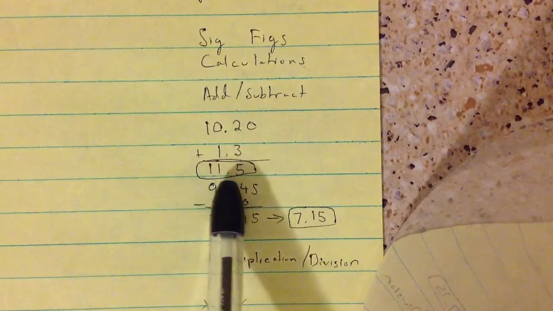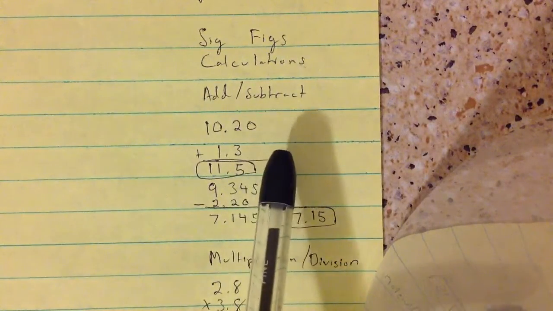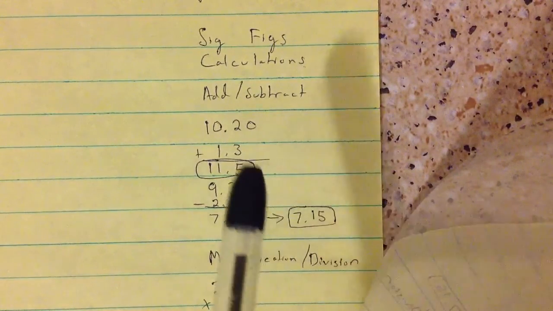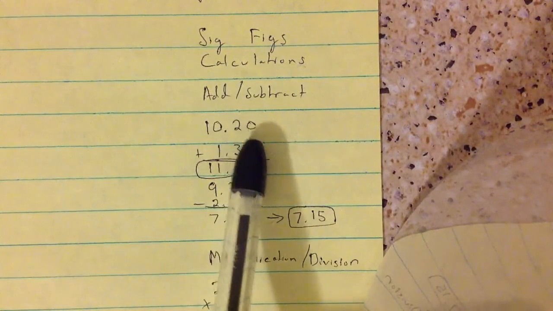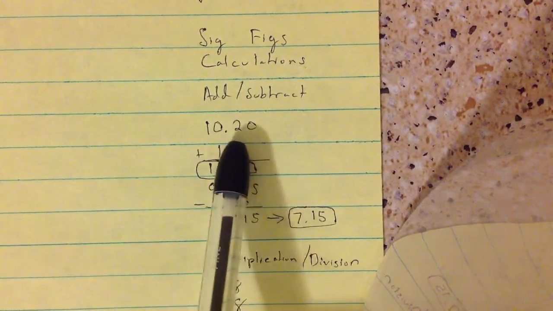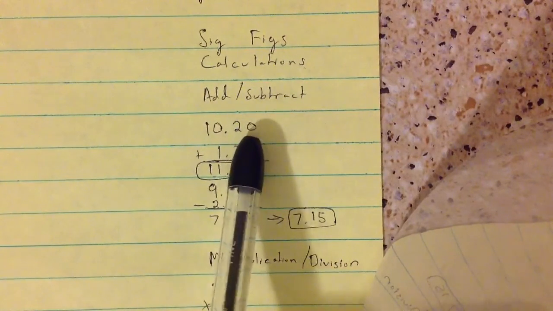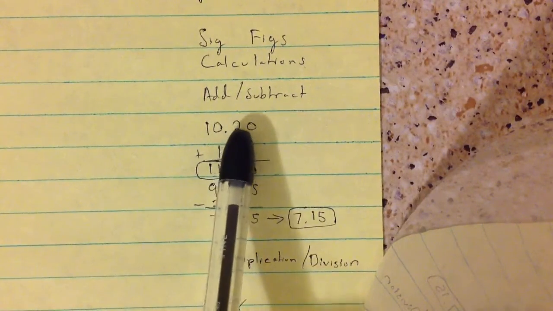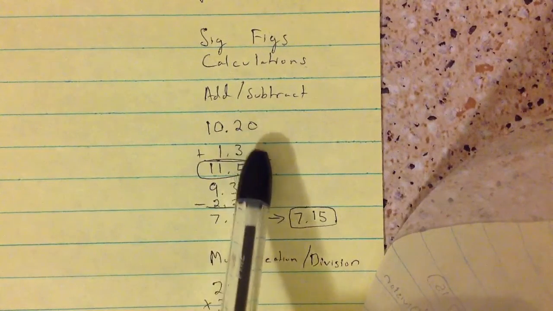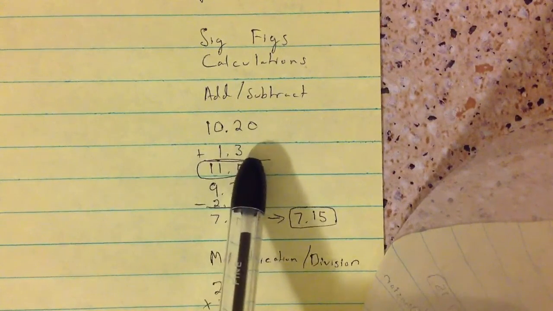So the answer will be 11.5. Yeah, so just to reiterate, in addition and subtraction, it only wants the least number of points after the decimal point.